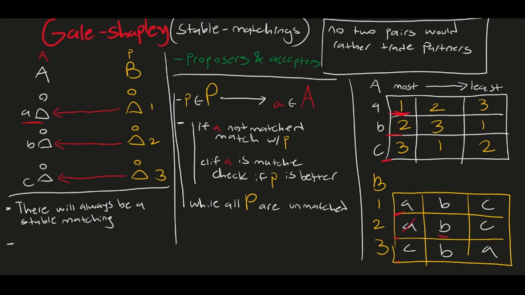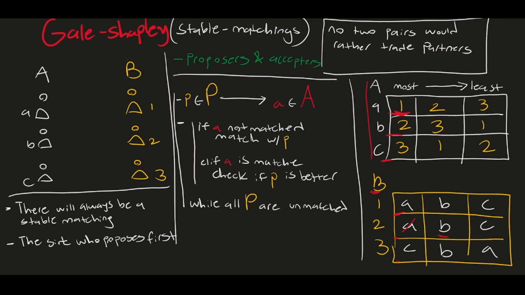And if you caught it while we were running it, the side who proposes first gets their best choice. As we saw with the first run, no matter what B's preference list was, when A proposed first, A got exactly what they wanted.